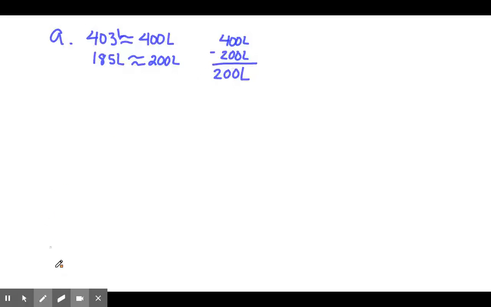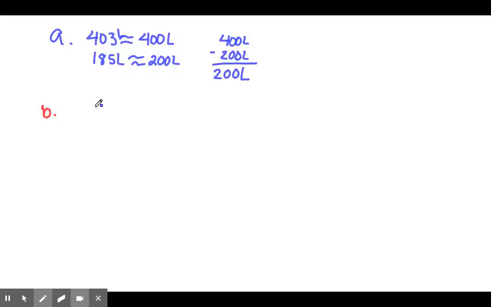All right, so as I said, in B it just tells you to round or estimate how many liters are left in the tank by rounding a different way. So the first way, we rounded to the nearest 100. So this time, I'm going to round to the nearest 10.